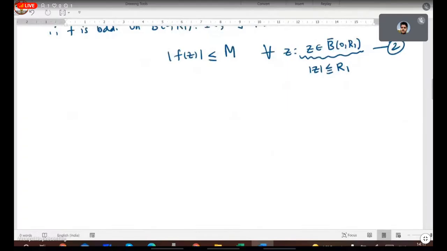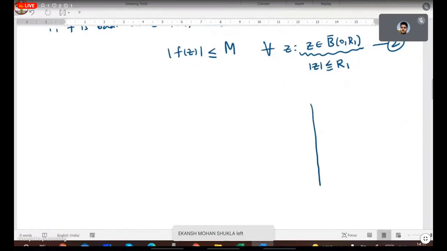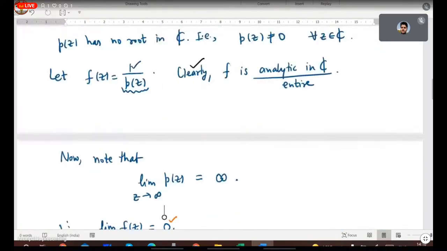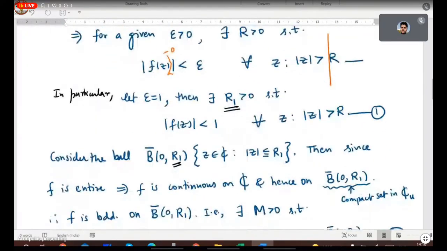So class, now you can see something very interesting. If you take radius R1, it is this ball, it is closed. So at every point inside this ball, the function is being controlled by M, and outside this ball, when mod z is greater than R1, the function is being controlled by 1.